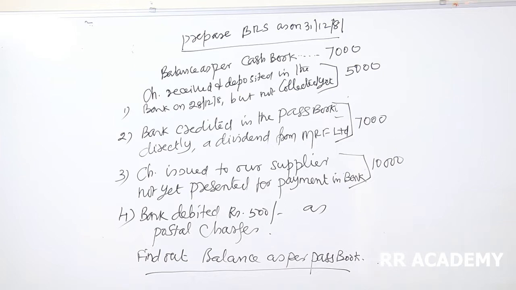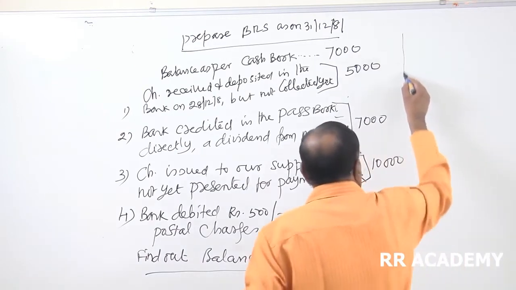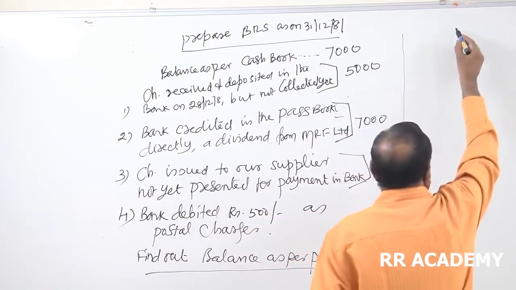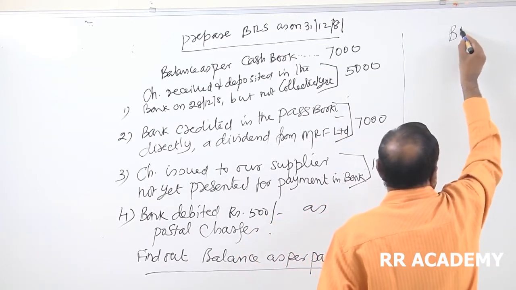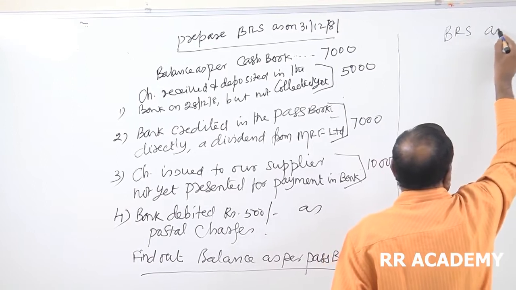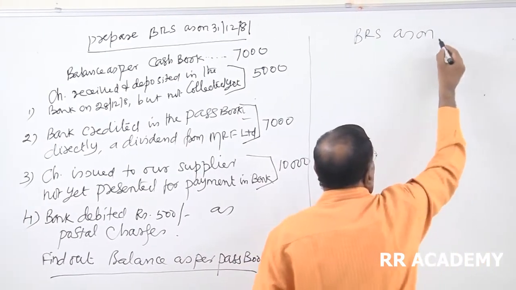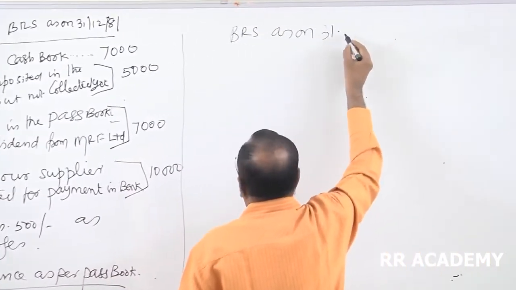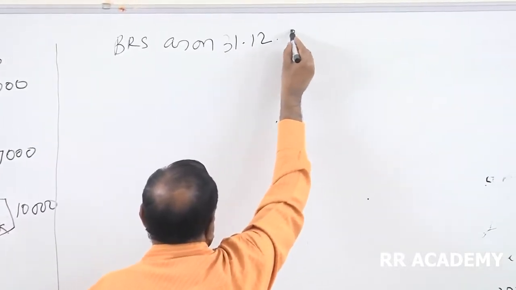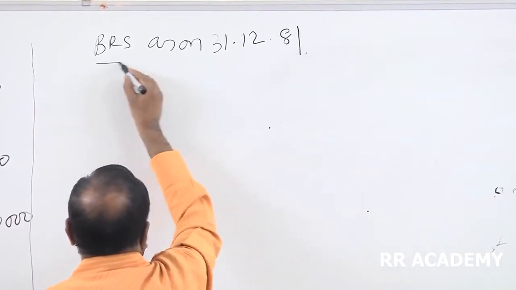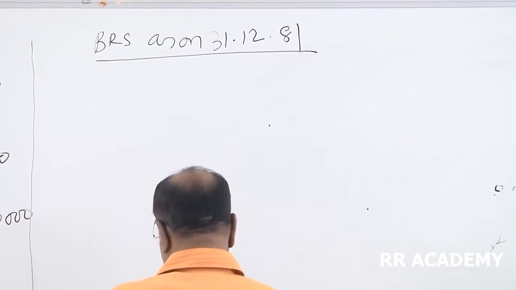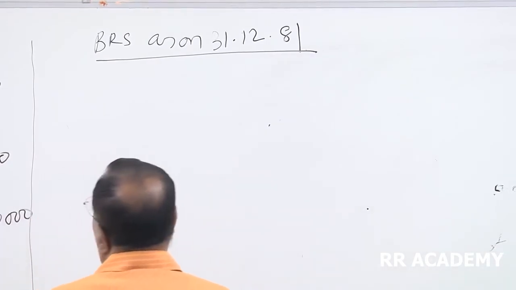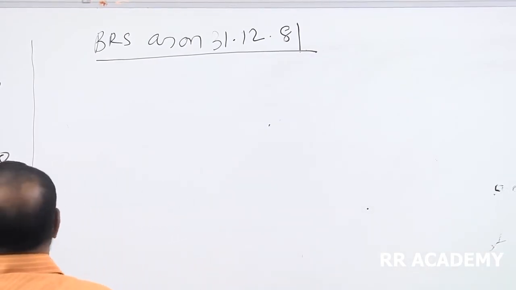Now, fine. The answer we have to write like this: bank reconciliation statement as on 31/12/81. The date is very important. Fine.